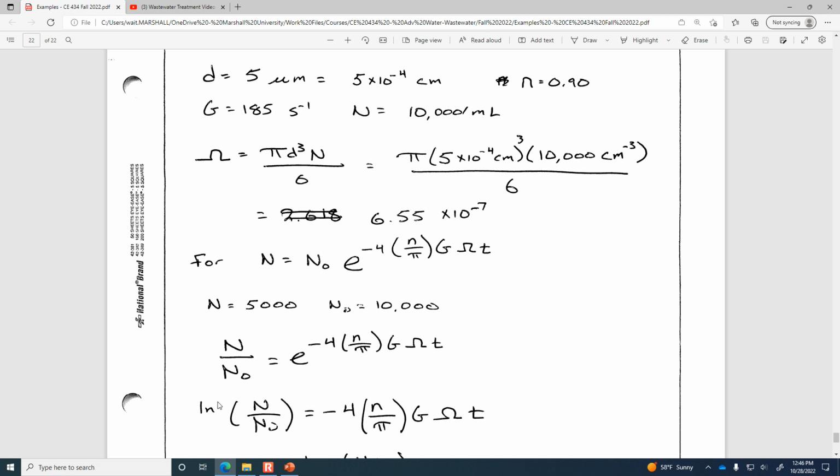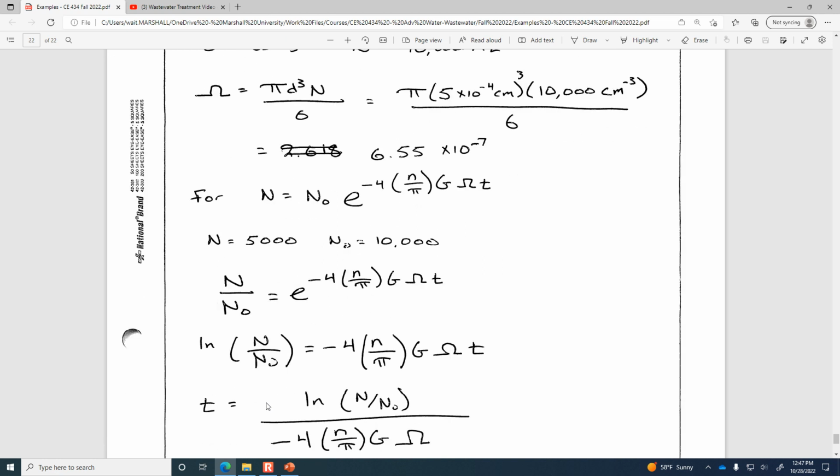The logarithm of the ratio of the final number of particles to the initial number of particles is equal to minus 4 times n divided by pi times g omega times t. So we're solving for the time it's going to take to go from 10,000 particles to 5,000 particles, just rearranging that algebraically to solve for t. Let me pause for a second and give you a chance to substitute in the numbers there.